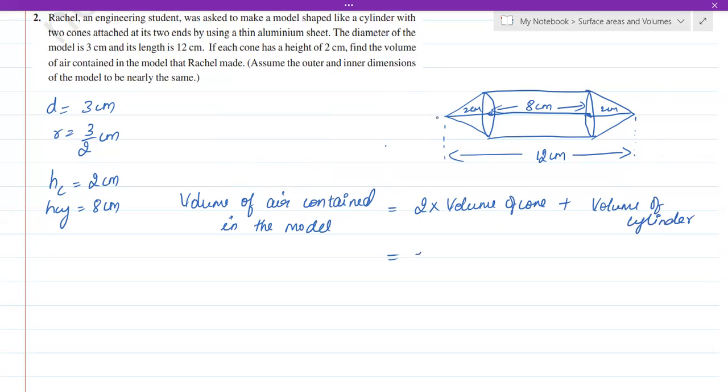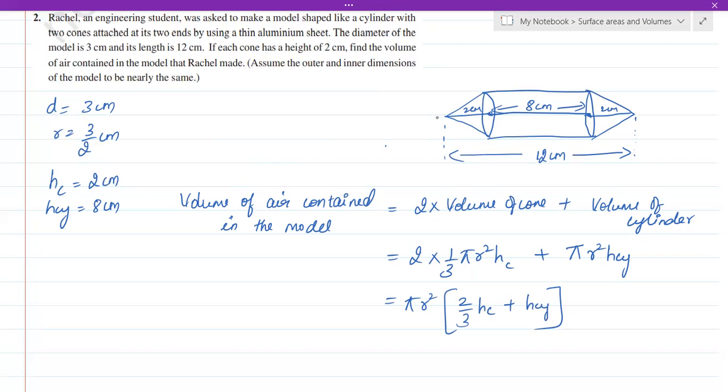What is the volume of cone? 2 into volume of cone is given by 1/3 pi r square h. I'll write it as hc because the height of the cone we have taken as hc. Plus volume of cylinder is pi r square hcy. Now, what is common here? If you observe carefully, pi r square is common. Now what is left out? 2 into 1/3 is 2/3, hc is left out, and here hcy is left out.